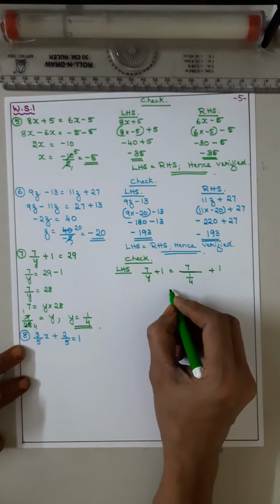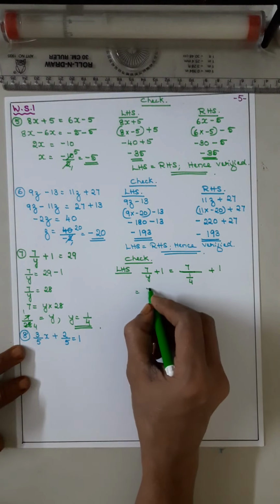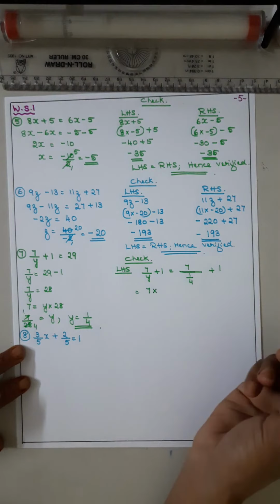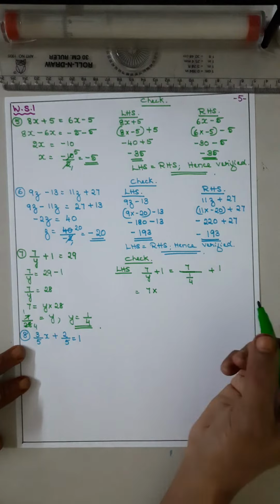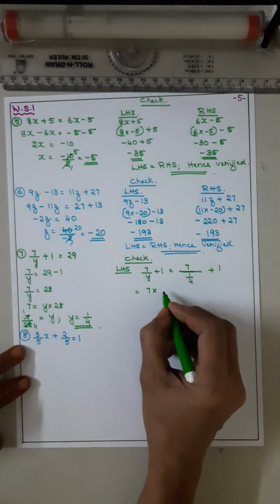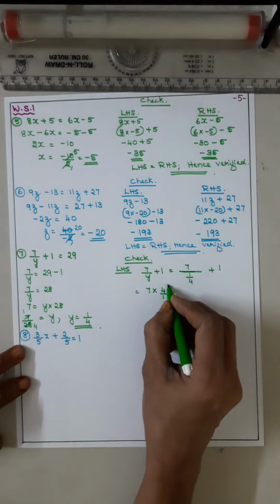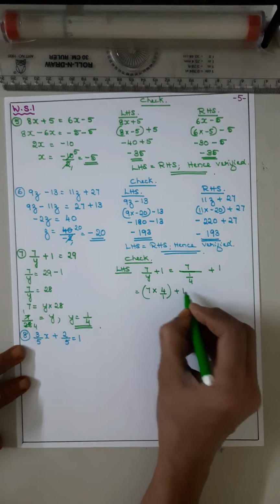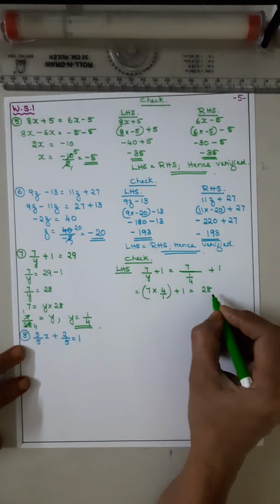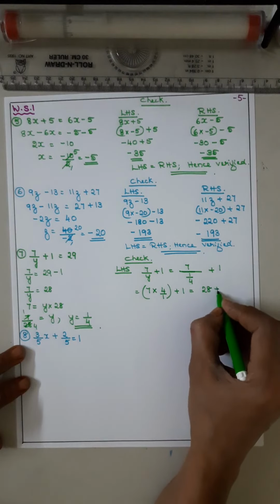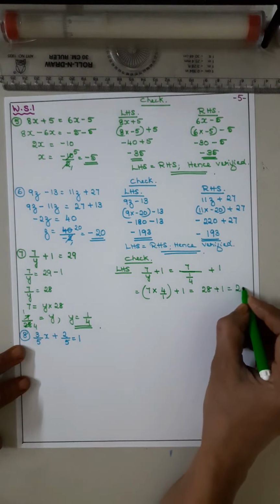Okay, now it will be 7 into, division means multiply the reciprocal. That means 1/4 becomes 4/1 plus 1. 7 4s are 28, by 1 we do not write, plus 1 is equal to 29.